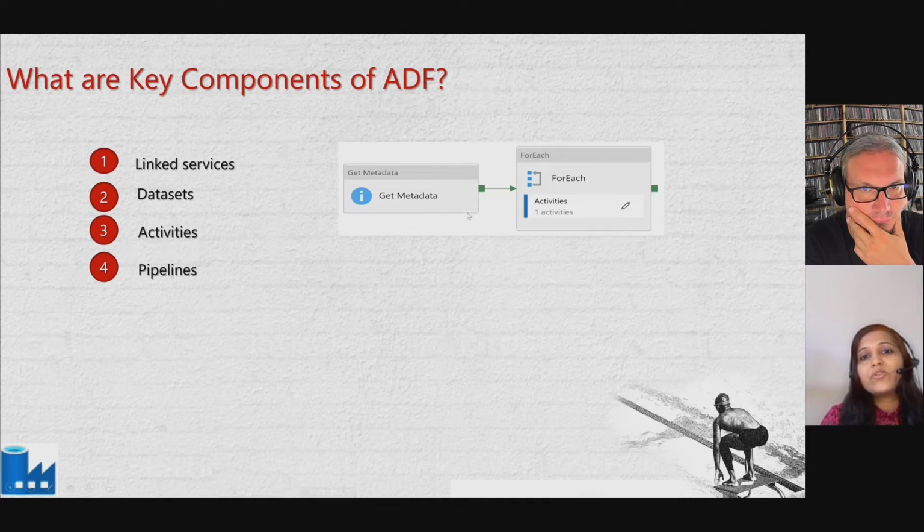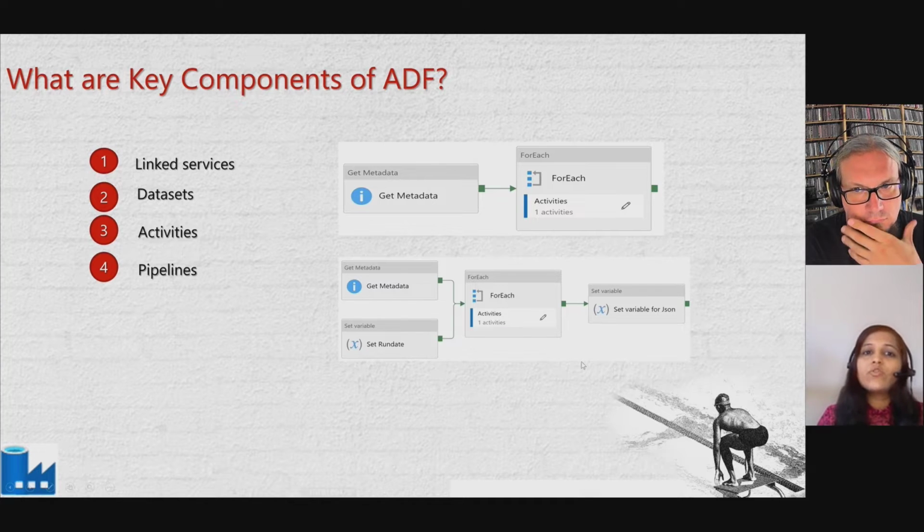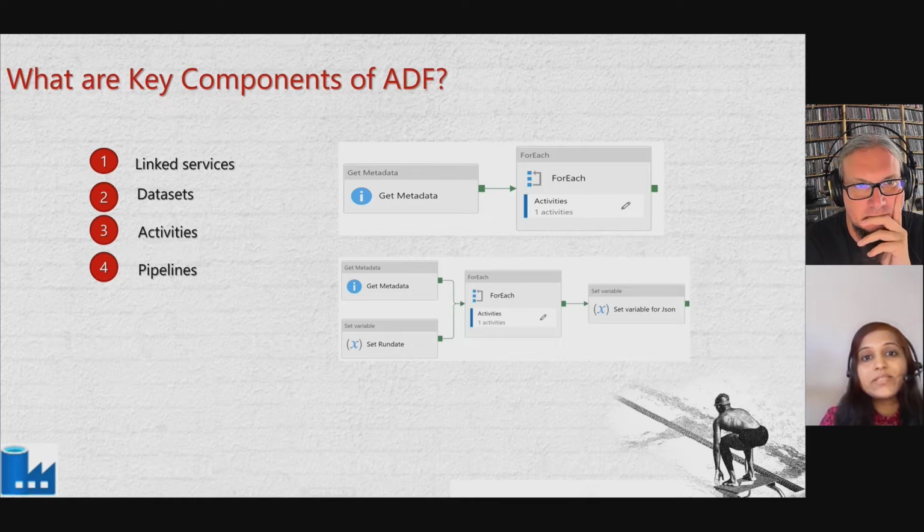So in this example, you can see that the output of one activity is the input of another activity, so they are sequential. And here you can see the output of these two activities, which are in parallel, is the input of the next activity, and here it is sequential as well. This way your pipeline is designed to achieve specific business requirement related outputs.